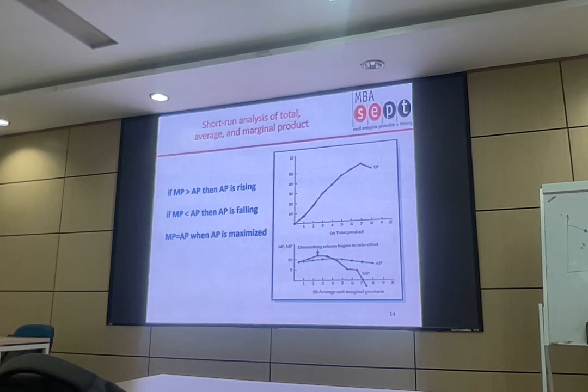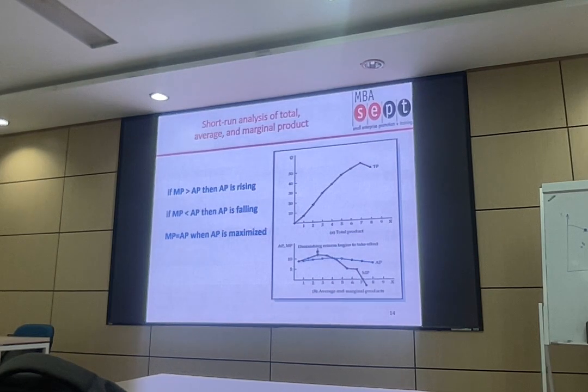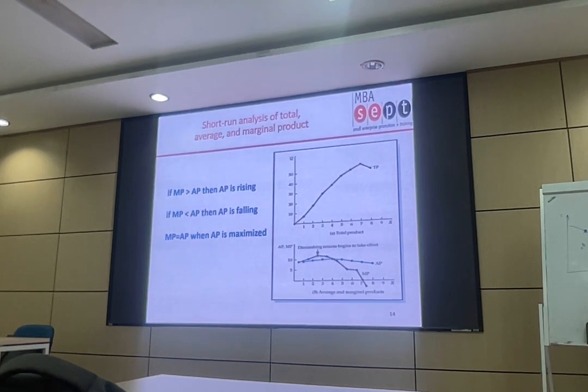So if you want to produce more output, you should not always think about hiring more or using more inputs. There's a limitation, because when you reach one point, if you hire more, the average and the marginal products will be reduced.